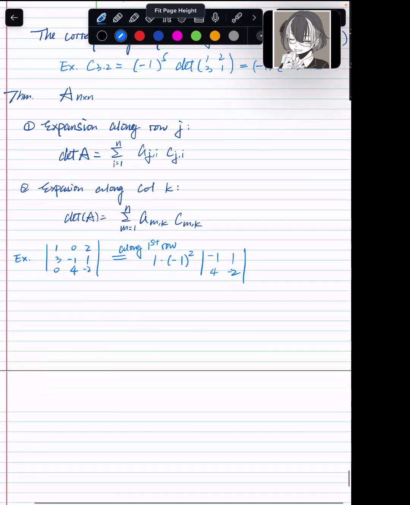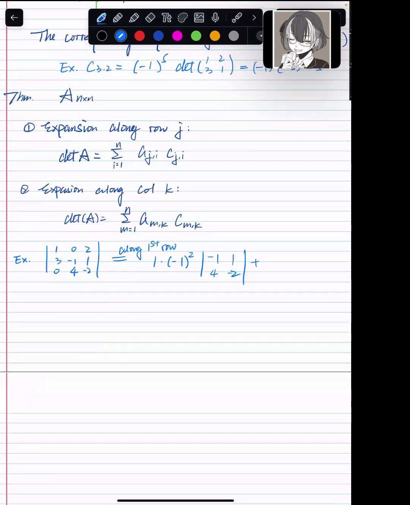Okay, so that's my first term. Then for my second term, we do the second column where we have 0 as the first term, and then -1 raised to 1 plus 2.